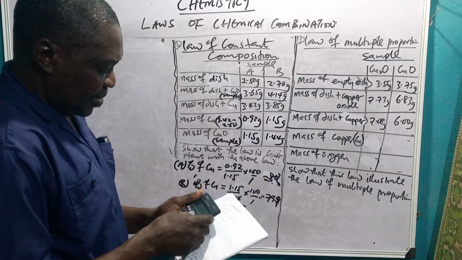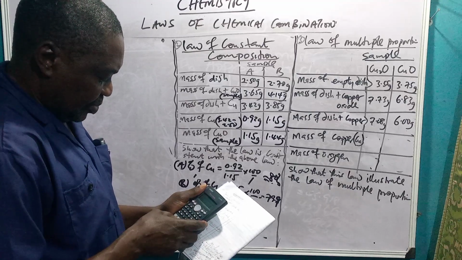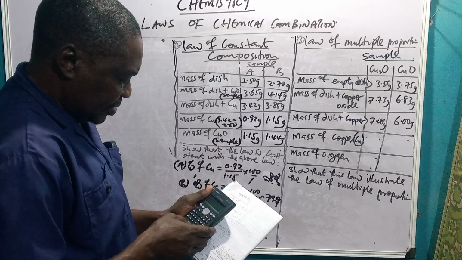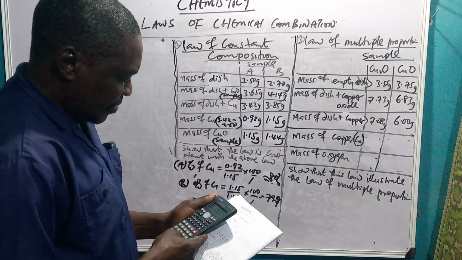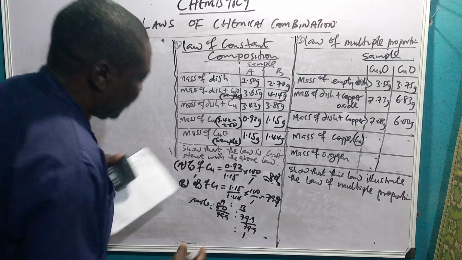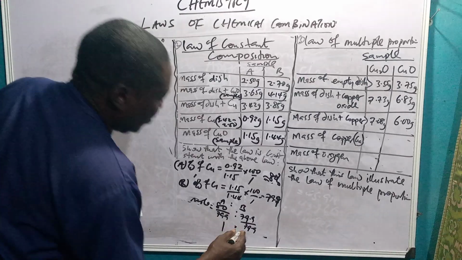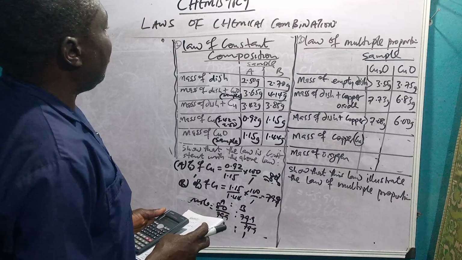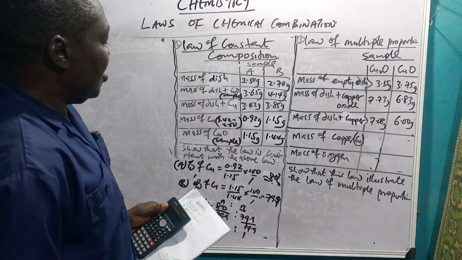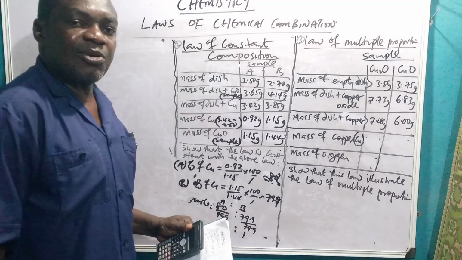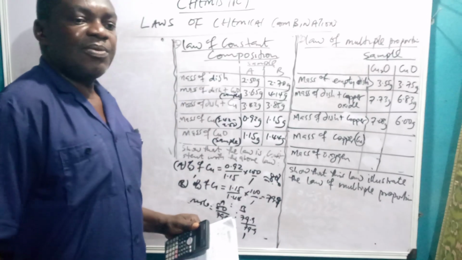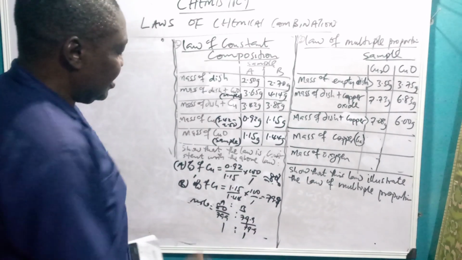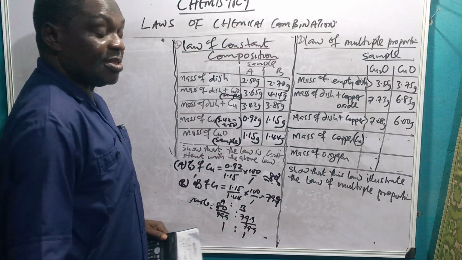Then the other one, 80 divided by 79.9 gives you 1.00125, making 1. You see it is 1:1, which is consistent with the law of constant composition, which states that all pure samples of a particular chemical compound, no matter the source, contain the same elements combined together in the same proportion by mass. So the proportions are the same, meaning it is pure.